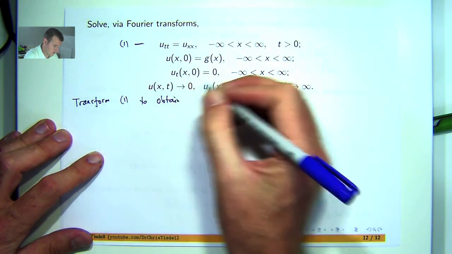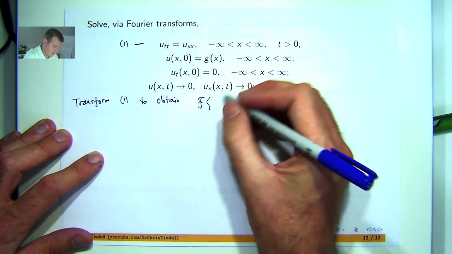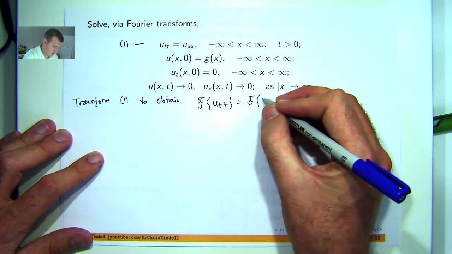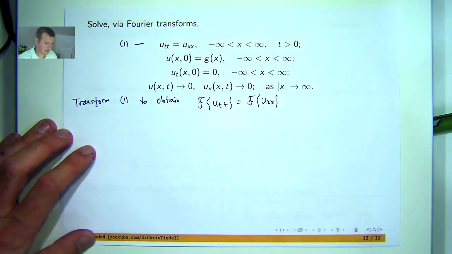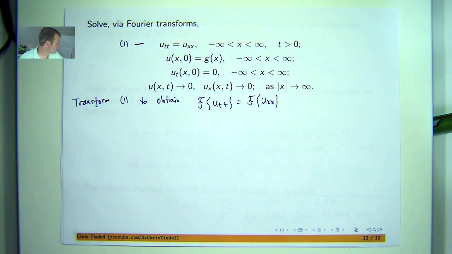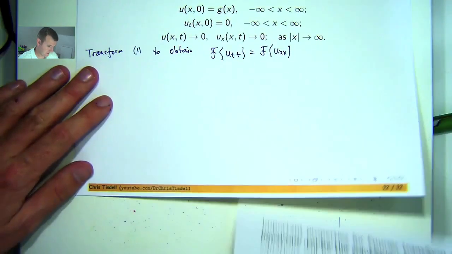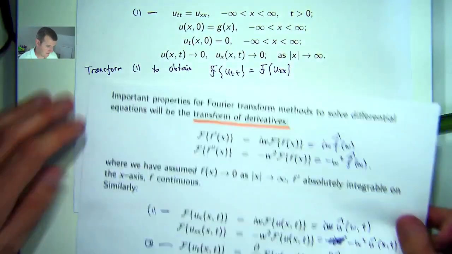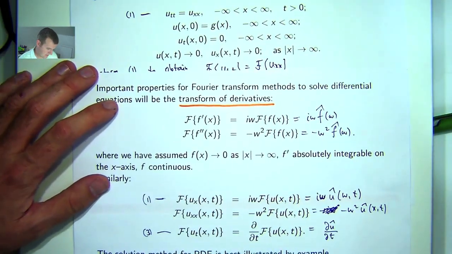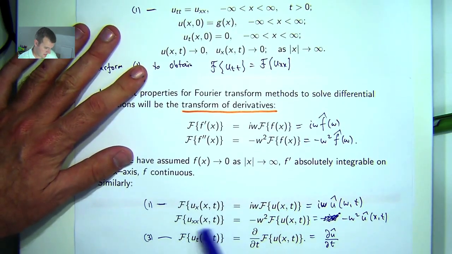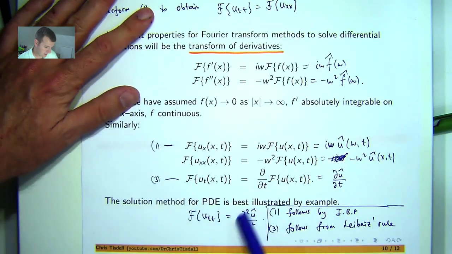Okay, so let's transform both sides. Let's use our transform of derivatives. So down here, so actually right down the bottom, we're going to get the following.